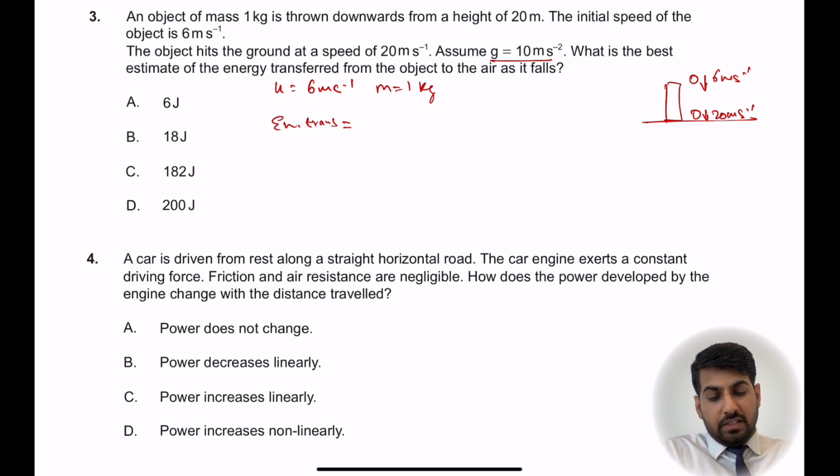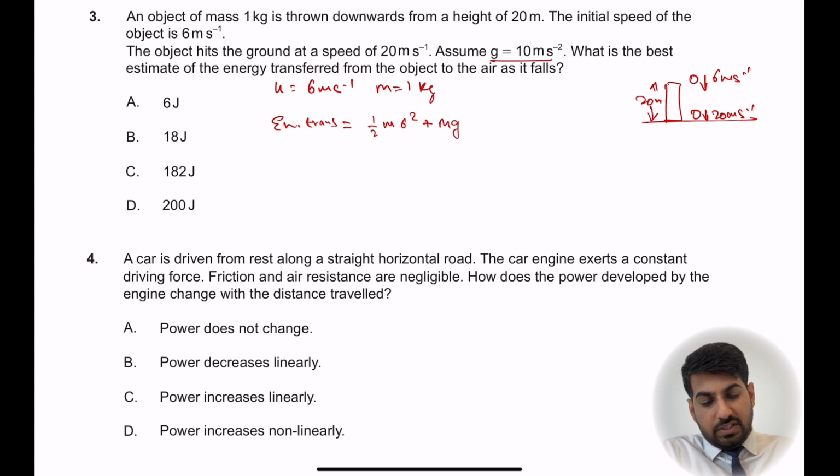That will be the energy transferred to the air, right? So initially I have kinetic energy, which is half m 6 square, plus mgh as well, which is at a height of 20 meter, right? So I have mg into 20.